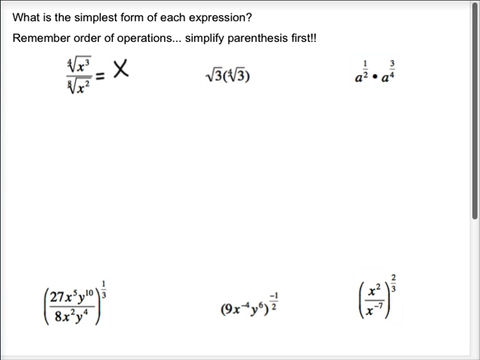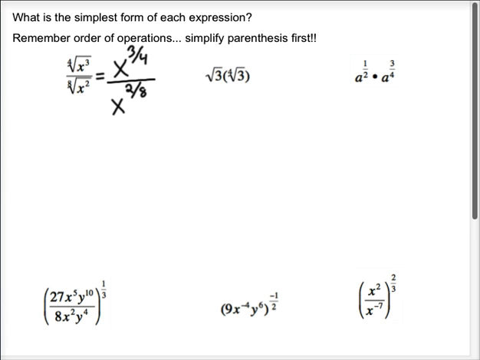Well, remember, the exponent goes on top, the root goes on the bottom. So that is the same thing as x to the 3/4. The bottom, the eighth root of x squared. Well, remember the exponent goes on top, the root goes on the bottom.